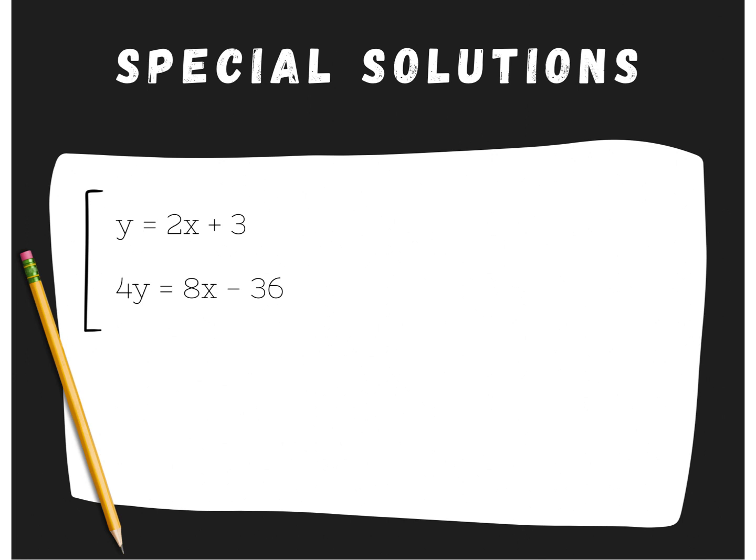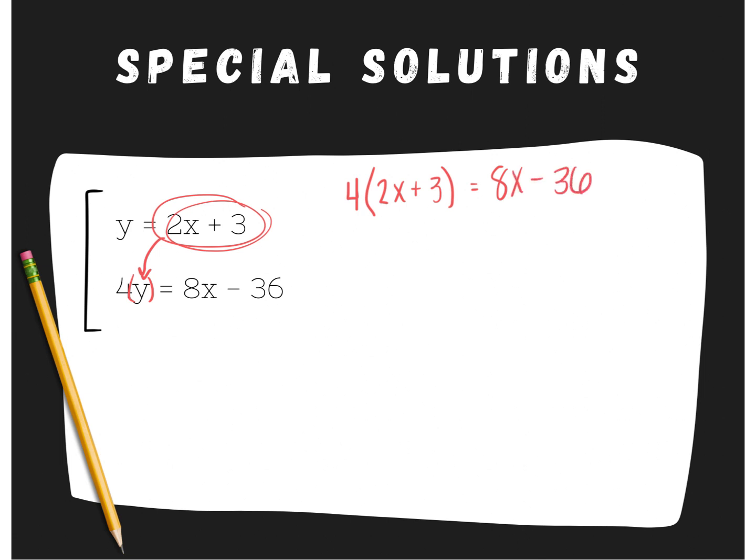I'm still going to use substitution. I see that my y is isolated, which is an important thing to notice when you're getting started. That tells me that y is equal to 2x plus 3, so I can plug in 2x plus 3 for y. When I do, I get 4 parentheses 2x plus 3 equal to 8x minus 36.